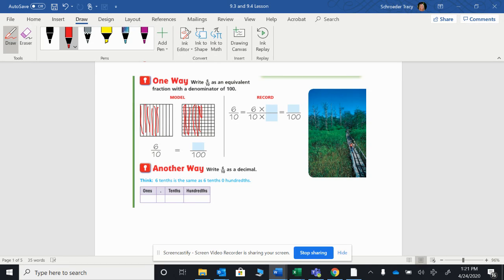So I have 60/100ths. Or another way to look at it is 6/10 is 6 times 10 and 10 times 10, which is 60/100ths. And then to write 6/10 as a decimal, I have 0.6.